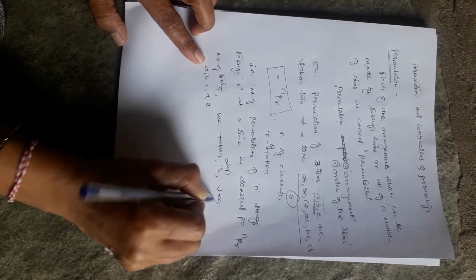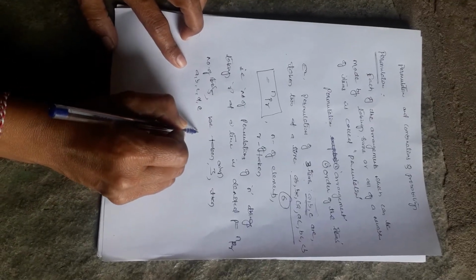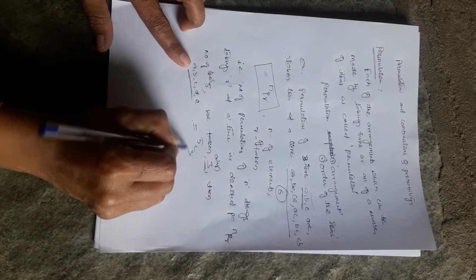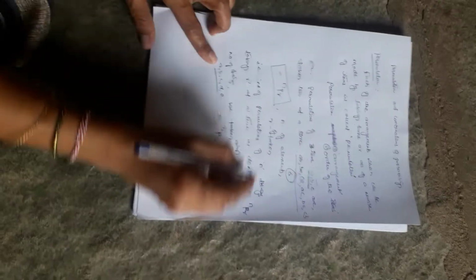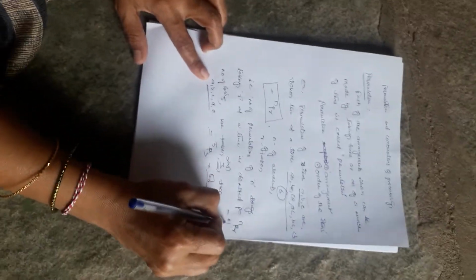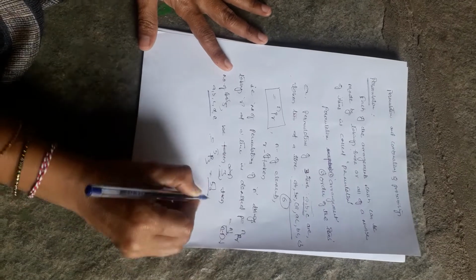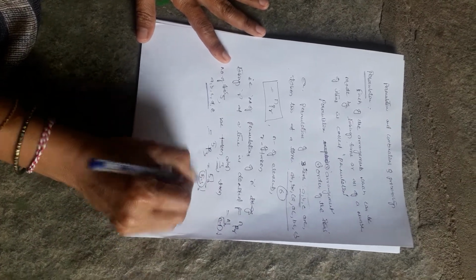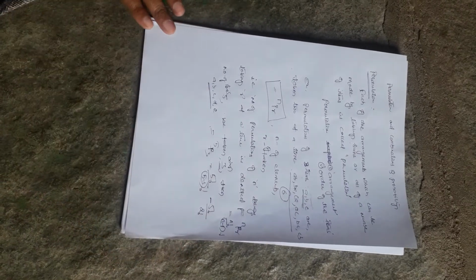Then how many permutations are there? nPr equals n factorial divided by n minus r factorial, that is 5 factorial divided by 5 minus 3 factorial, that is 5 factorial divided by 2 factorial.